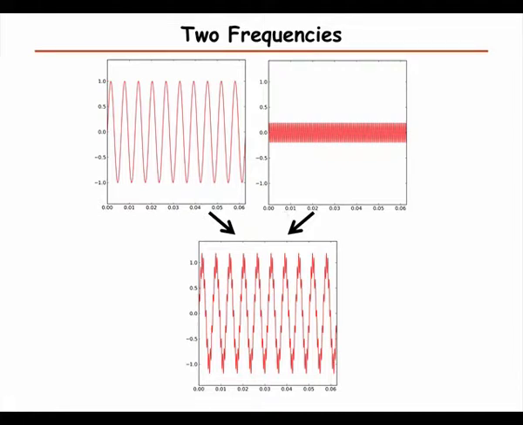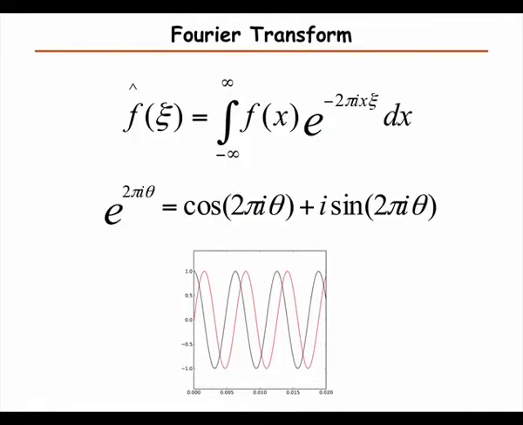By adding different sine and cosine waves, we can actually construct any sort of waveform we want.